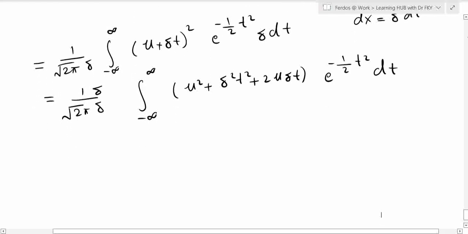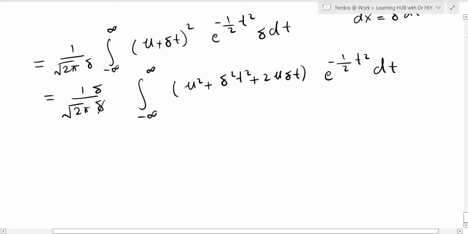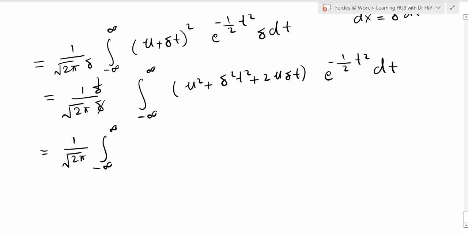You can now cancel sigma with sigma. 1 divided by root 2 pi, minus infinity to infinity. Now you can write three terms of this equation, one with mu square, the other with sigma square t square, and the third one with 2 mu sigma t.